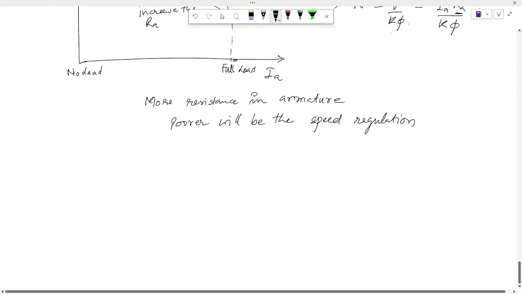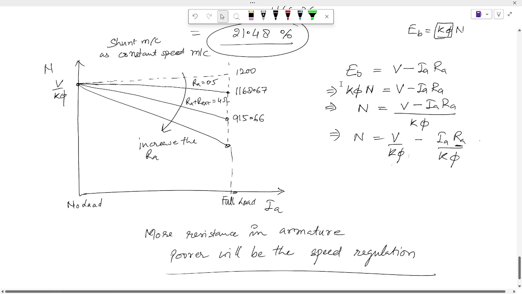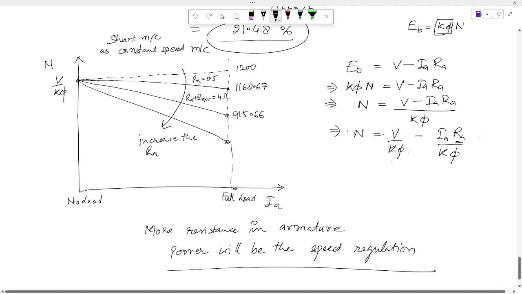Sir, indirectly we are reducing the EB by increasing armature resistance. Yes. This is the mathematical relation which we have found out. This is the negative slope.